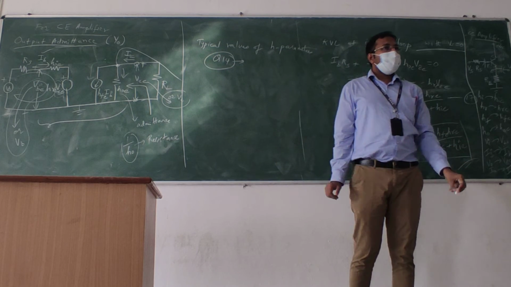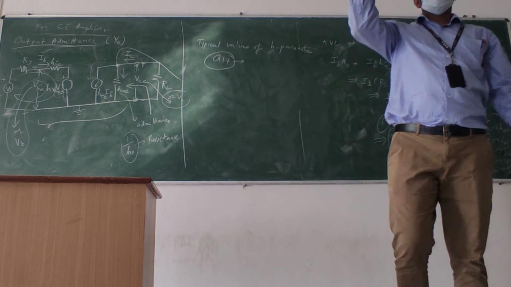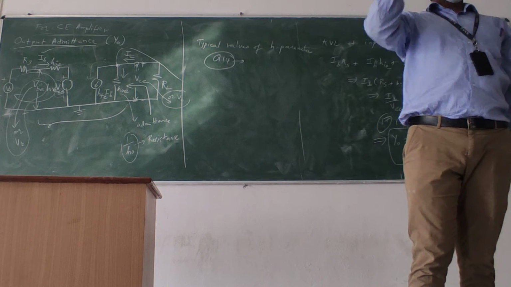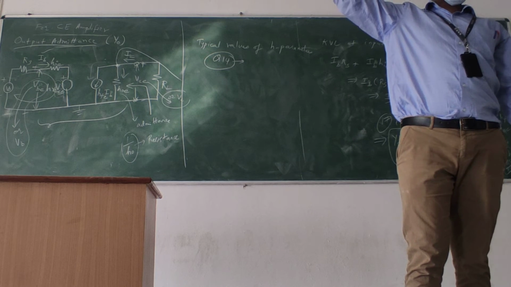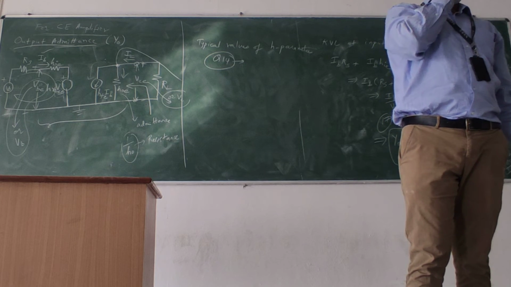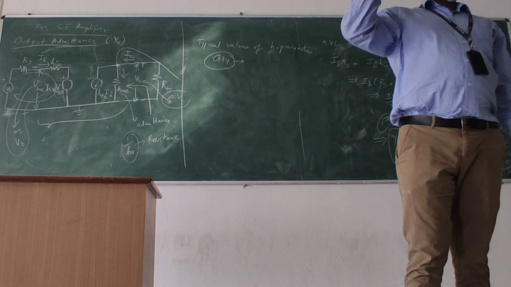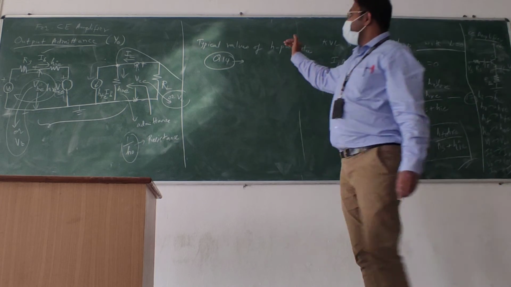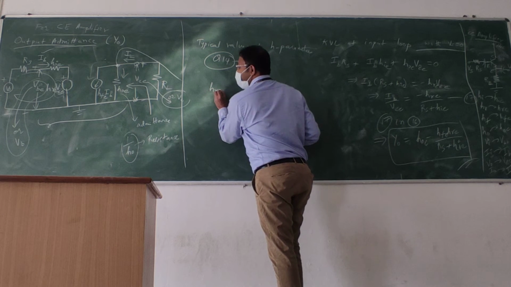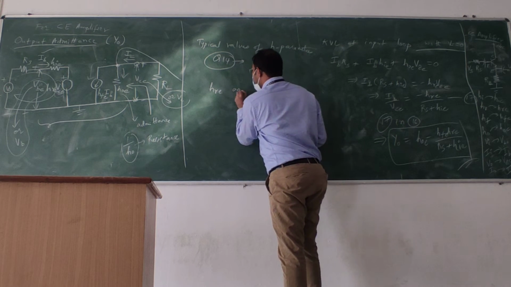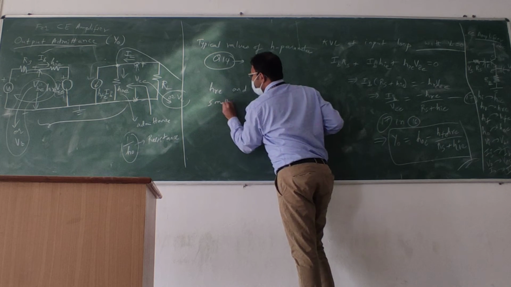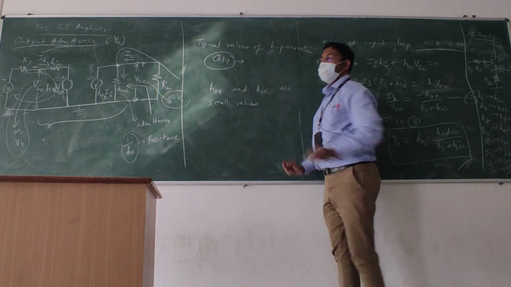See question 14 in your question bank. There you have typical values of H parameters, and the relation between the H parameters of common base, common emitter, common collector. You need not derive; if you remember, it is sufficient. If you look at that, what we actually identify is HRE and HOE are small values.